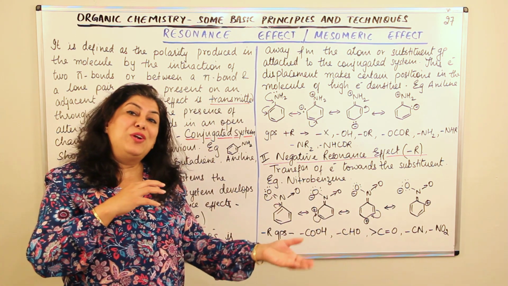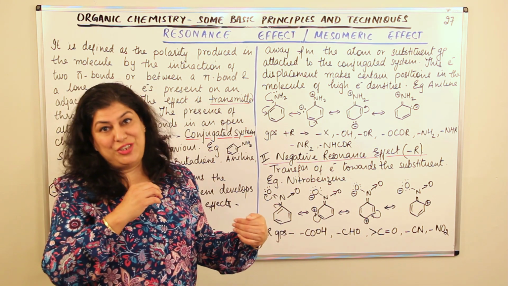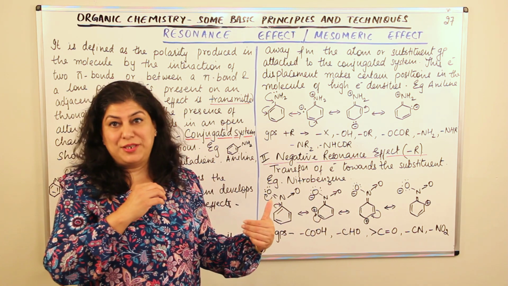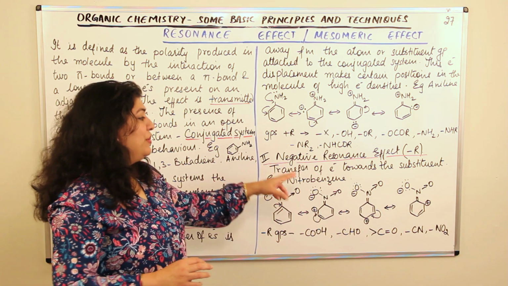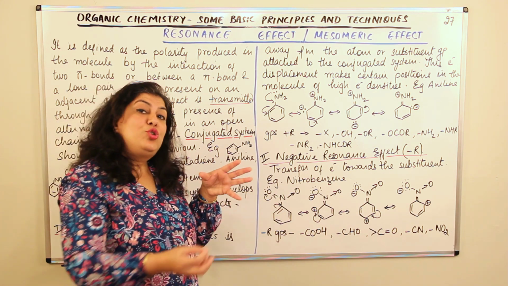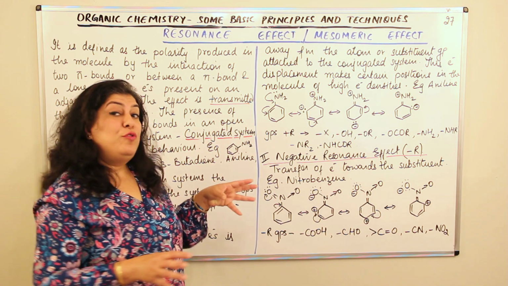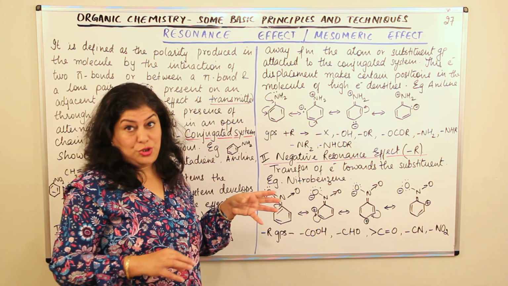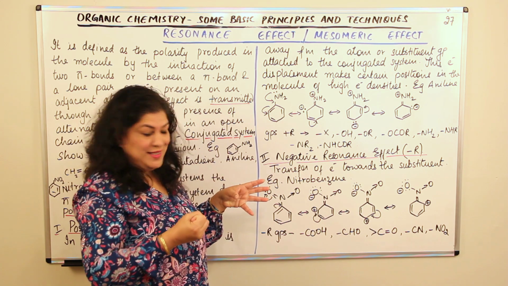The adjacent bond will try to come towards you in order to remove the deficiency or to help fulfill it. So negative resonance effect is when the transfer of electrons takes place towards the substituent, not away from it. So it would be an electron deficient group, a group that will pull the electrons towards itself.